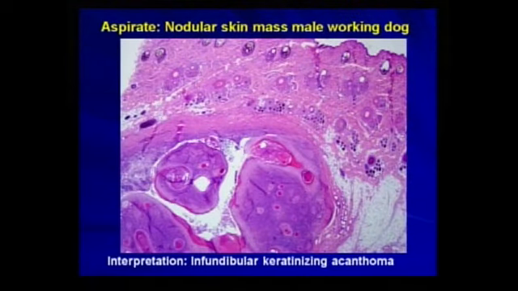This turned out to be an infundibular keratinizing acanthoma. What we saw were the neutrophils, likely from an area of rupture. One of the biggest problems with practitioners, and I am one myself from time to time, is whenever they see a nodular mass, they like to squeeze it and see what you can express from it.